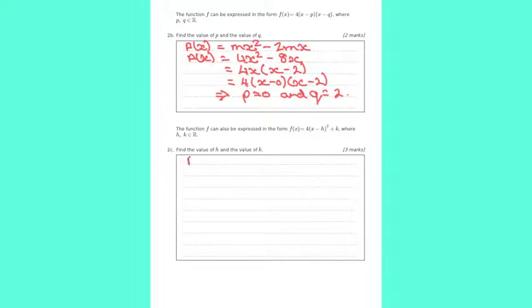Start with f of x equals 4x squared minus 8x, which is equal to 4(x squared minus 2x). Now we're going to put the bracket in the vertex form, so therefore we get 4((x minus 1) all squared minus 1 squared).